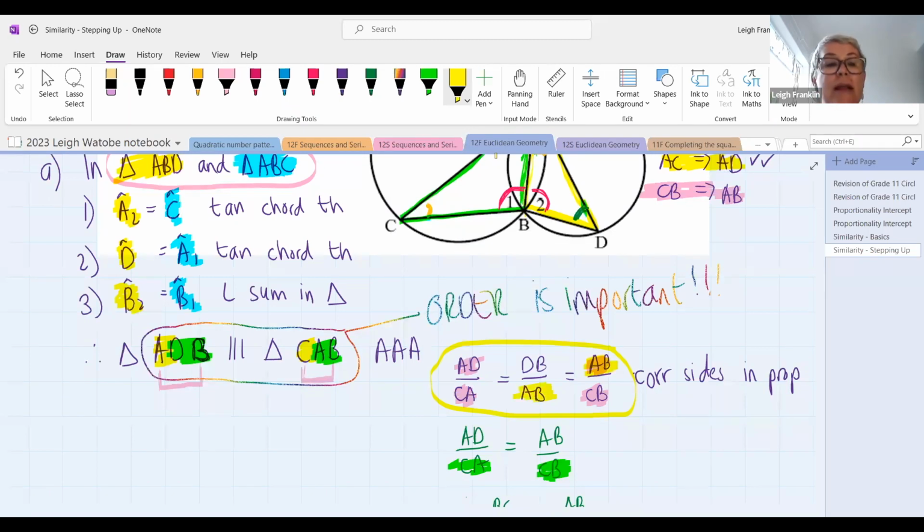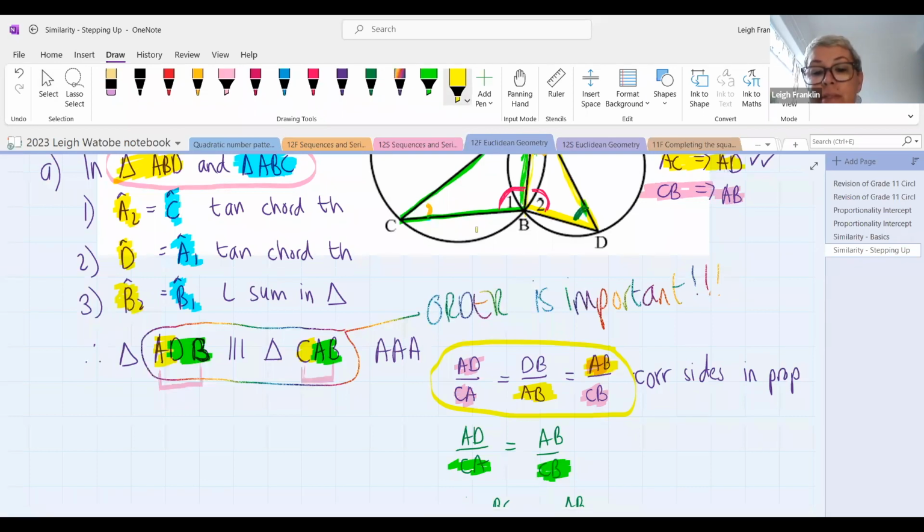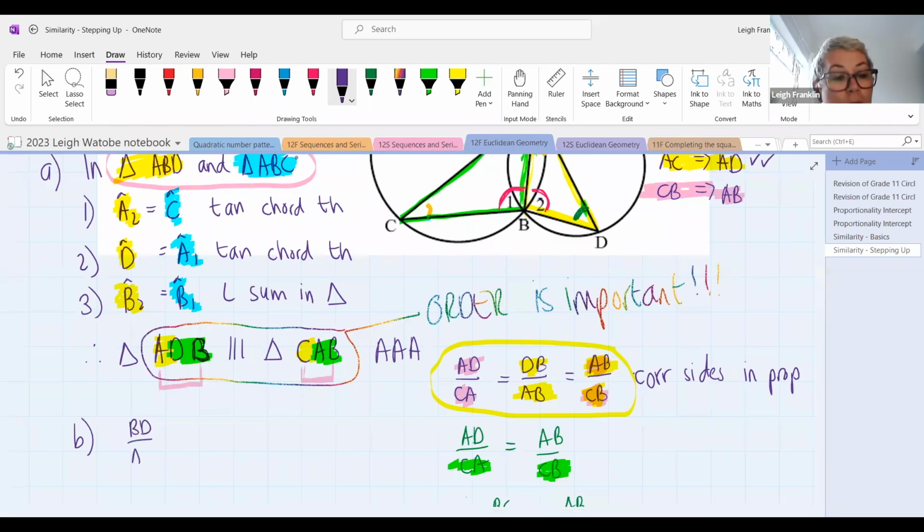That's how we can get AB squared is equal to BC times DB. It's this one over here and this one over here. For this part, what they want us to do is grab the yellow ones. So I'm going to write BD over AB is equal to AB over BC.